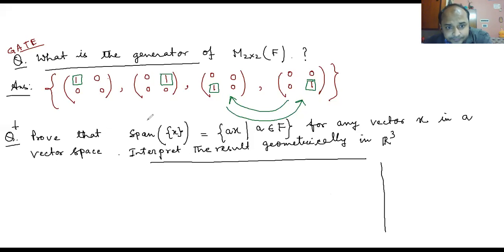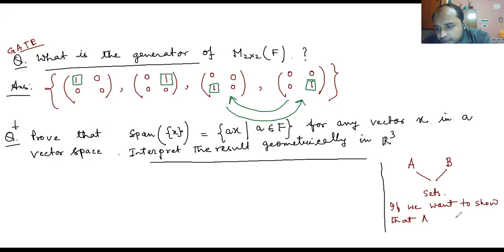Secondly, suppose capital A and capital B are two sets. If we want to show that A is equal to B, we need to prove that A is a subset of B and at the same time B is a subset of A. How to prove A is a subset of B?